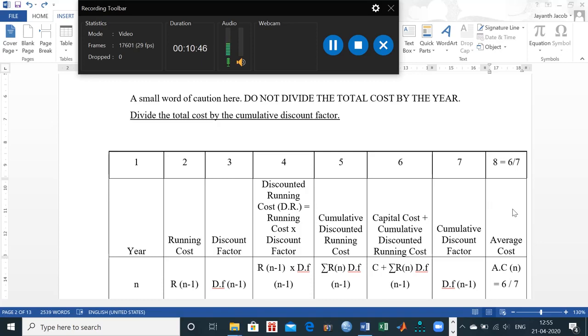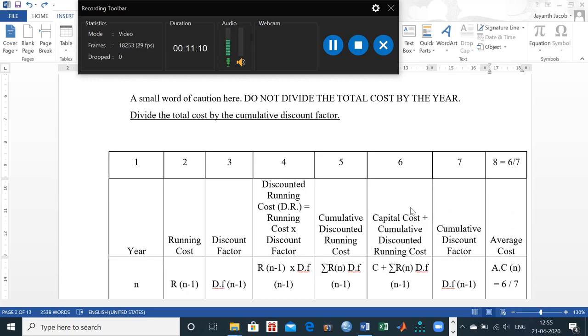In the first problem, when we did not consider time value of money, the average cost was divided by the year. But in problems where we consider time value of money, please remember that we have to divide the total cost by the cumulative discount factor.